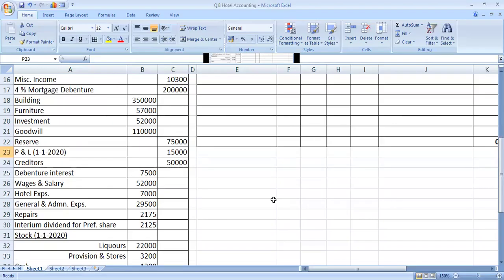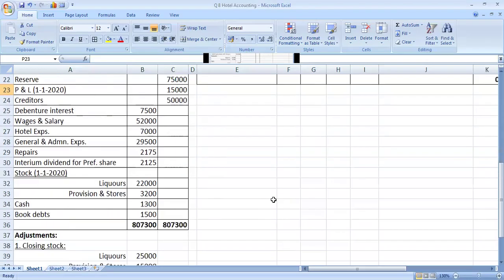Wages and salary 52,000. Hotel expenses 7,000. General and administrative expenses 29,500. Repairs 2,175. Interim dividend for preference shares 2,125. This item goes to the profit and loss appropriation account.